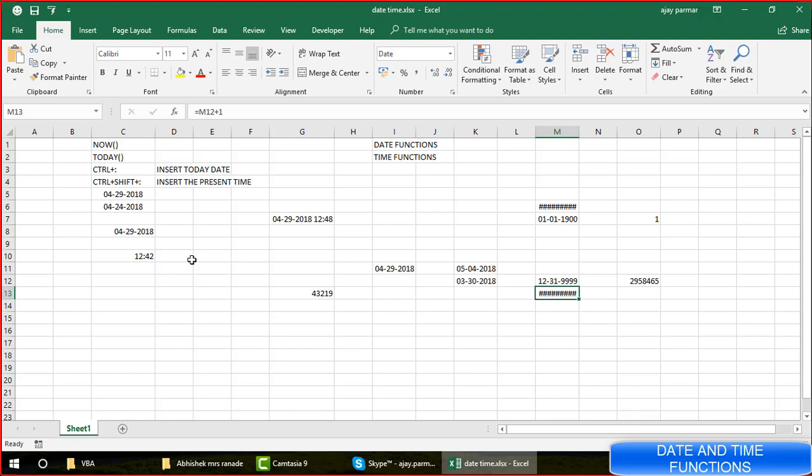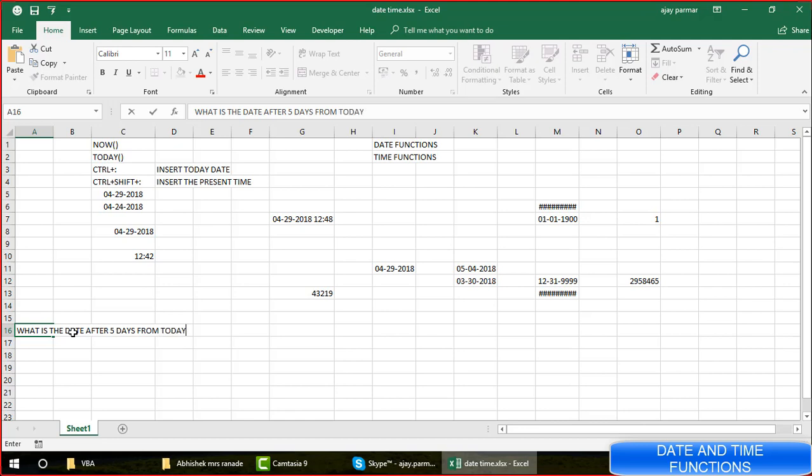If you want to find it out, let's do some very general questions which every MIS person should know. So let's say I want to say, what is the date after 5 days from today? Today means I'll mention here a date. Let's target one specific date, this date. Okay, so the next question is, what is the month after 22 days from now?